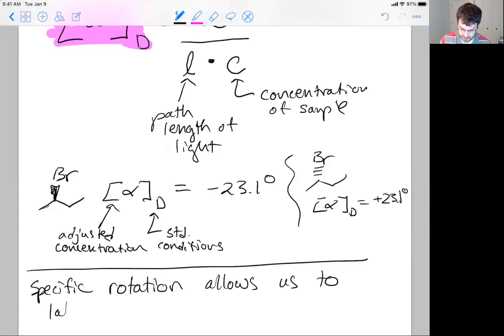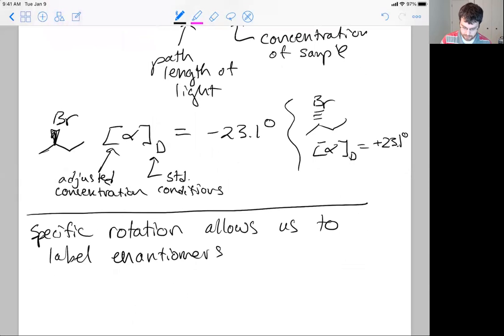So it allows us to label enantiomers. And labels are very pragmatic or practical, like what would you do if you had a vial of each enantiomer and you had to tell them apart. So we have label, but distinguish is a better word.